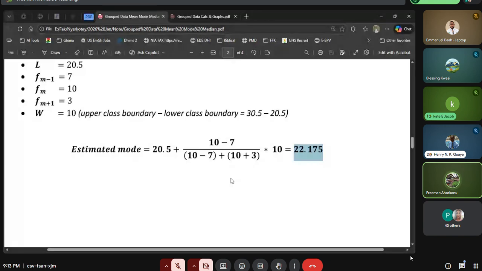Usually, if this question should take about 4 marks, the procedure alone, if you do the substitution very well, can take you 3 or 3.5 marks. Then the answer will take just 1 mark or 0.5. So this is where you have to concentrate well. You don't do anything and claim you have the right answer. Thank you.